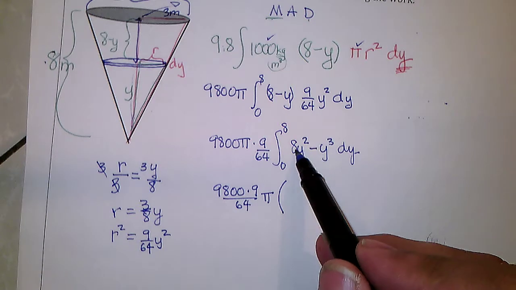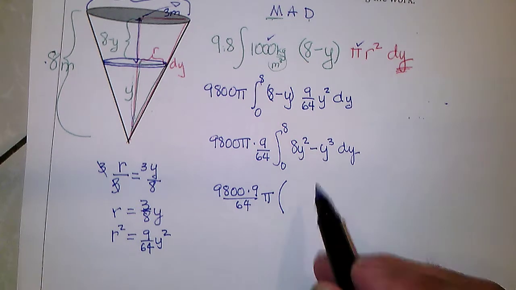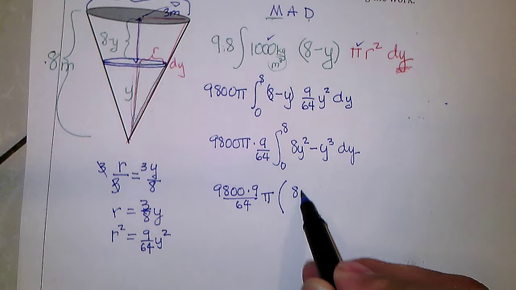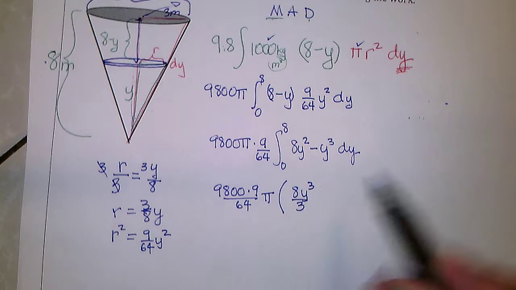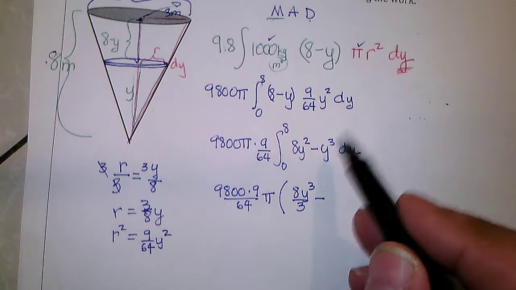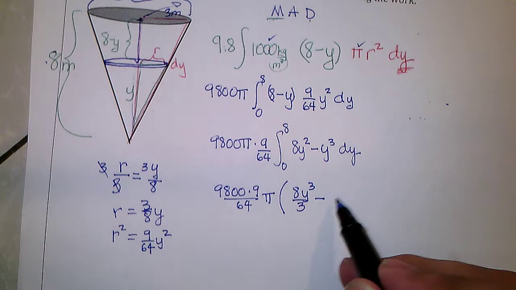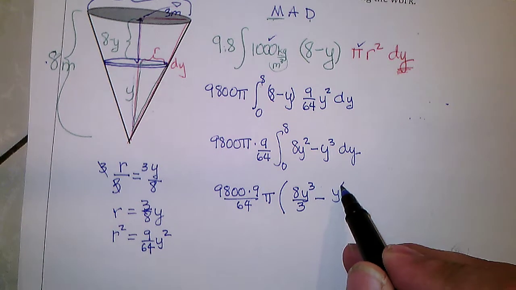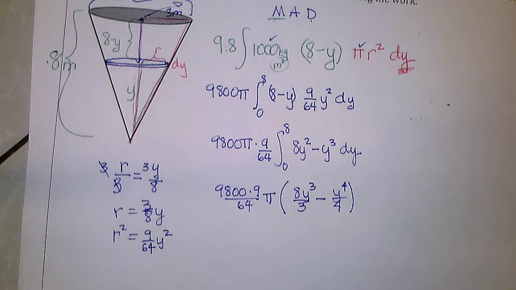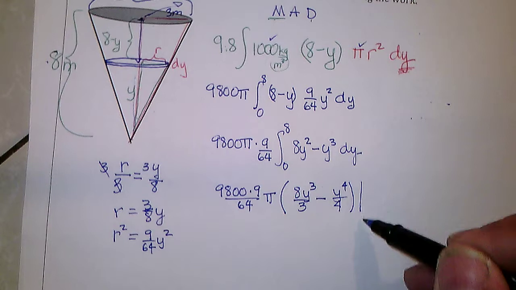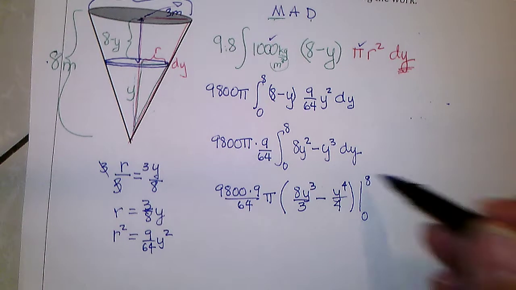I'll raise it to 3, and so it'll be 8y to the third divided by 3 minus, raise it to 4 and divide by 4, so y to the 4th over 4, evaluated from 0 to 8.